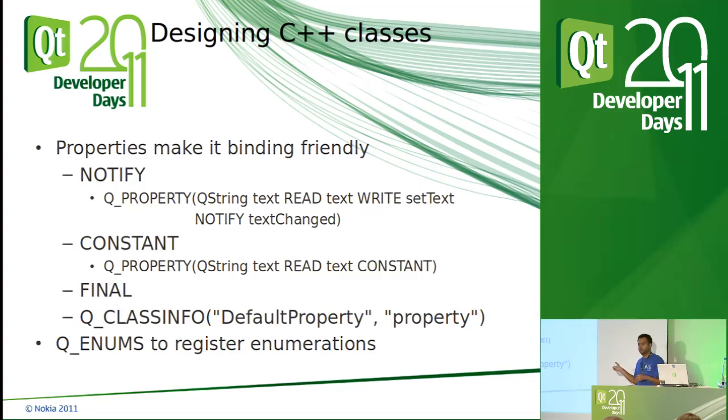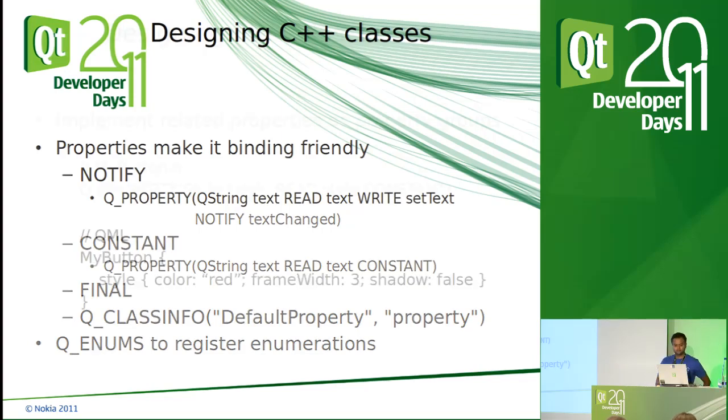You can also use Q_ENUMS to register enumerations from C++. There is also a facility by which you can just export enumerations, but you can also mark the type as non-instantiable. I think the function is qmlRegisterUncreatableType. It's just so you know. You can look it up in the documentation.